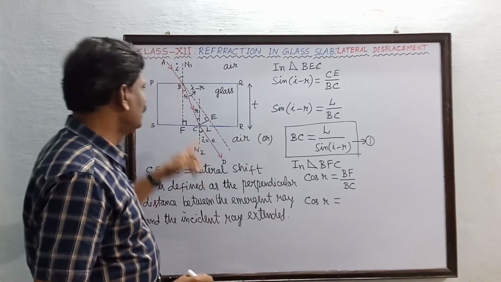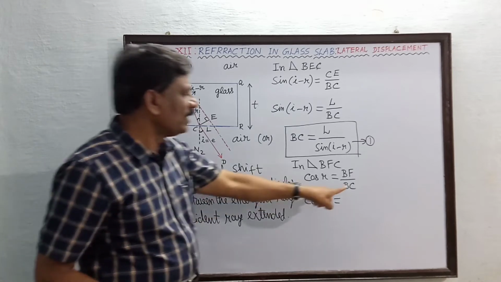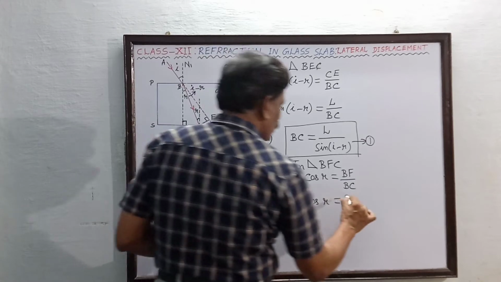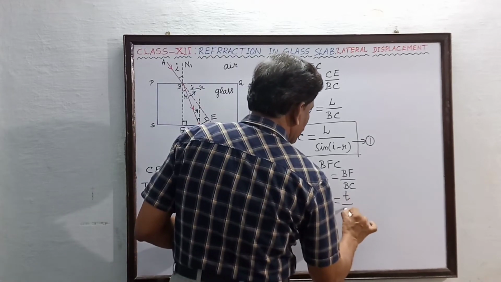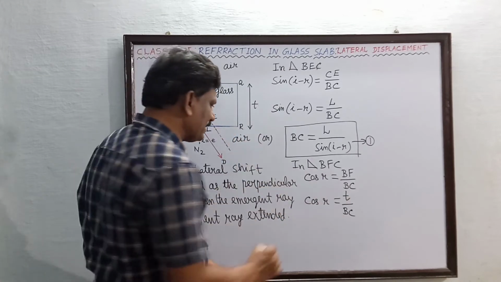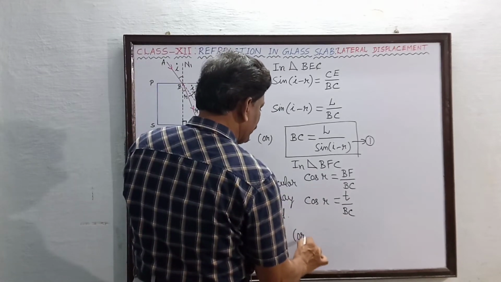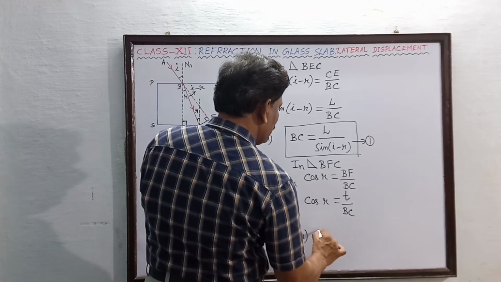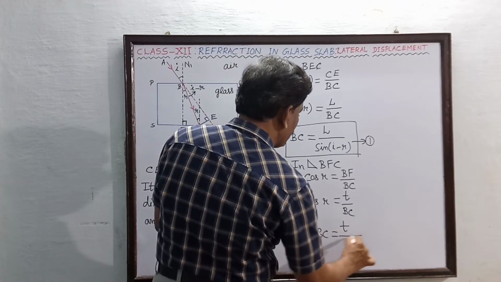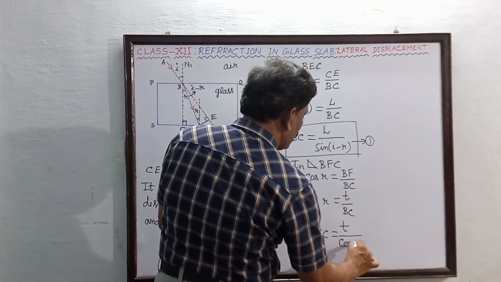So instead of BF, I can substitute thickness T in the numerator. So this is thickness T divided by BC. Once again you take BC to the left hand side. So I can write BC is equal to T divided by cos R.